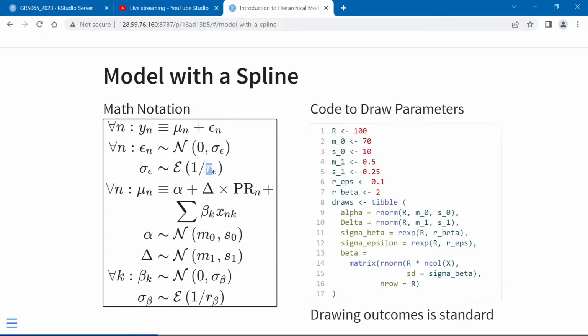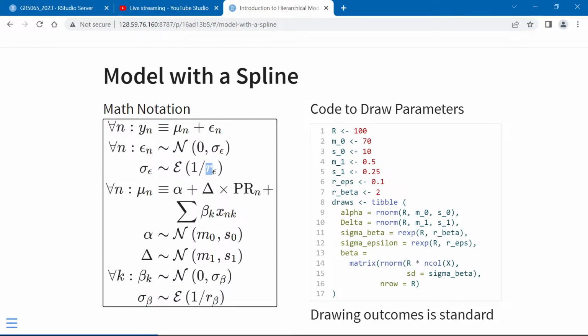So in terms of what the code would look like to draw parameters, we have a usual prior on the intercept, based on the previous elections' turnout, you might say it's around 70. Could have some prior uncertainty about that.